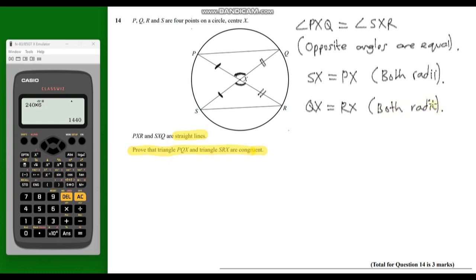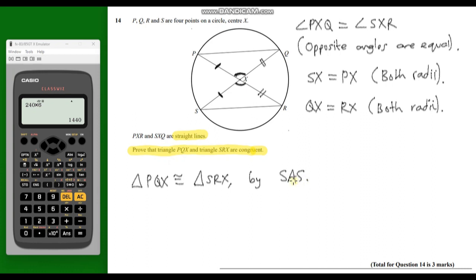Now, do we have enough information to say that these two triangles are congruent? Well, yes, we do. So we can say that they're congruent through SAS. So side, angle, side. So we can say that triangle PQX is congruent to triangle SRX by SAS.